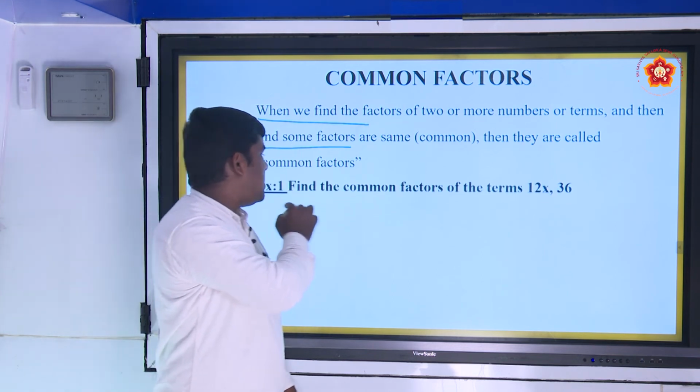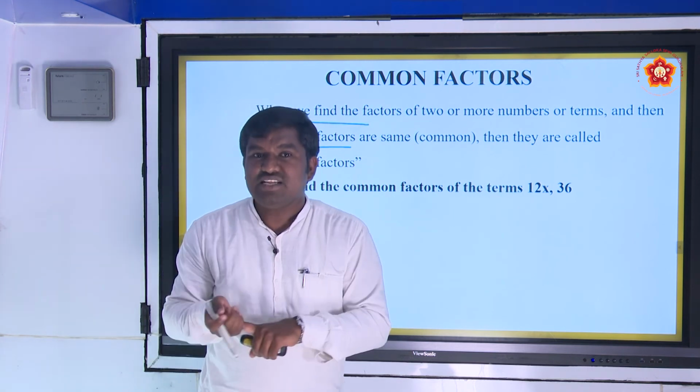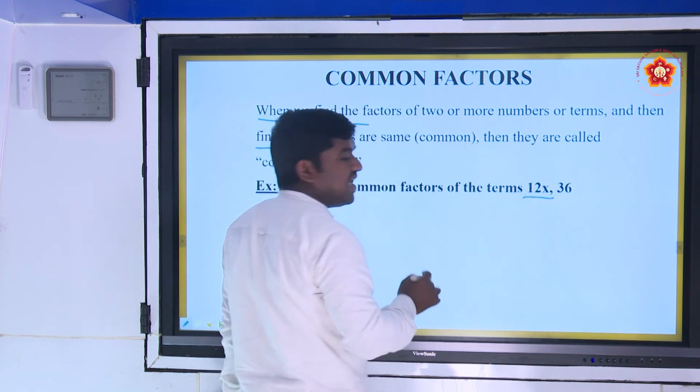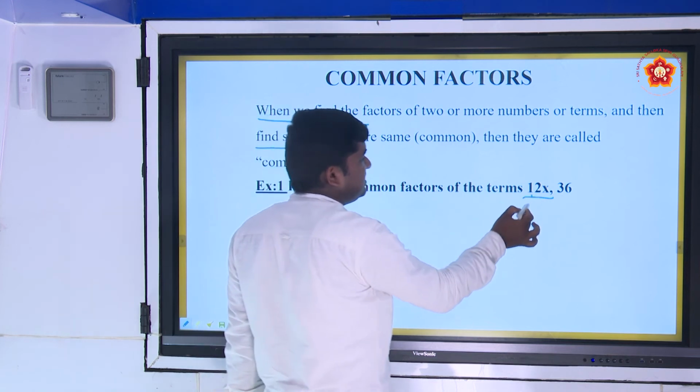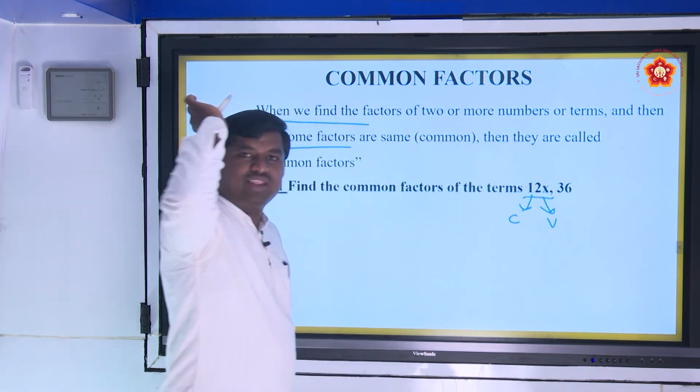For example, find the common factors of the terms 12x and 36. In the term 12x, we have a constant and a variable. This is the constant and this x is the variable.